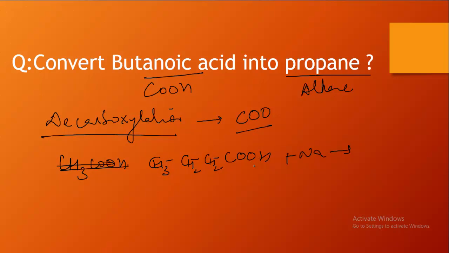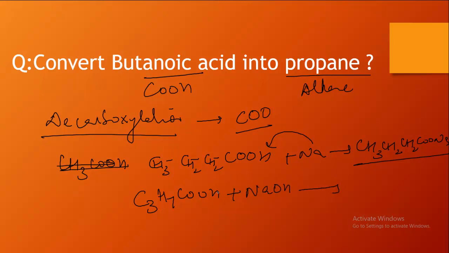We are going to react it with metal. Metal will replace H, and as a result we will get CH3CH2CH2COONa. Right. Then to this compound, let me condense it. It is C3H7COONa. Right. I have added all those hydrogens and carbons. And to it we add sodium hydroxide. And when we add it like this, what happens?